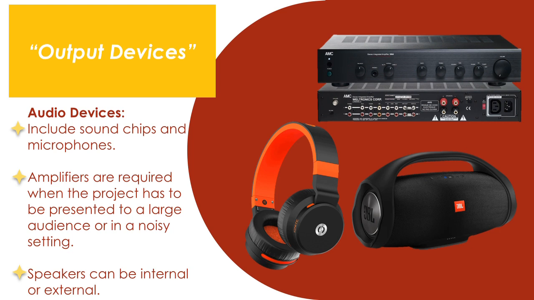Regardless of their design, the purpose of speakers is to produce audio output that can be heard by the listener. An audio amplifier is a device that amplifies an audio signal. It is required when the project has to be presented to a large audience or in a noisy setting.